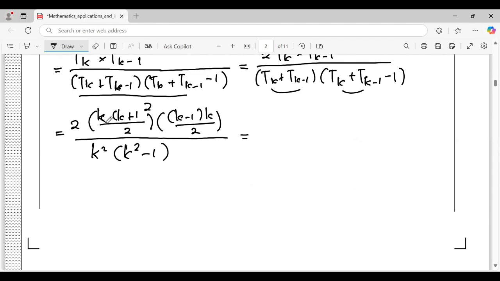So it's going to be divided. Sorry, not divide this one, 2 and 2. There's still k here, right?